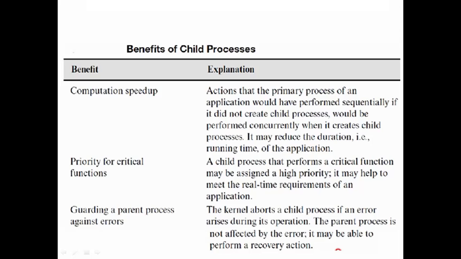Among the many subprograms available, we divide them into critical and non-critical programs, and the critical program will always be given the highest priority compared to the non-critical programs. For that, the OS can assign different priorities to these different child processes.